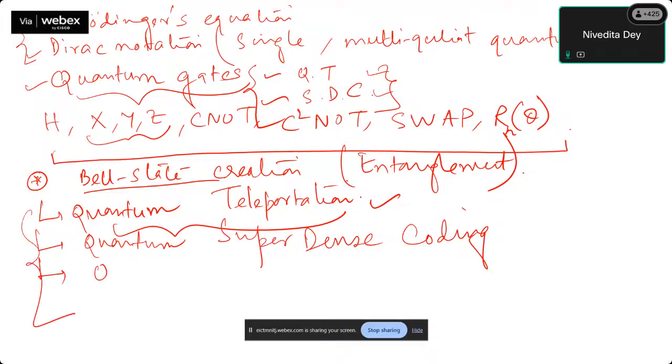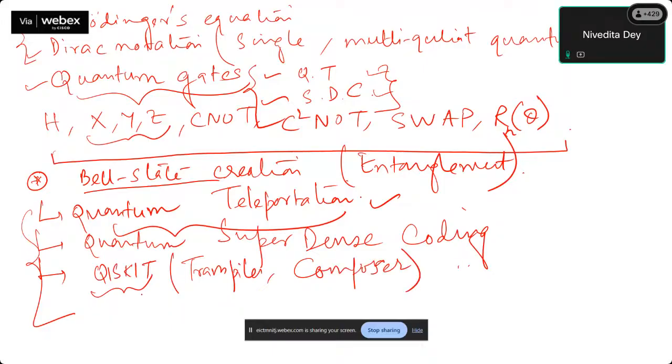Once you have that understanding, we will also analyze a little of what is available in Qiskit. We will try to see some of the transpiler or composer environment. I am pretty sure that in the next session you will have a detailed understanding, with a detailed session on how you can create your own Qiskit key to access your session, and how you can create your own quantum circuit.